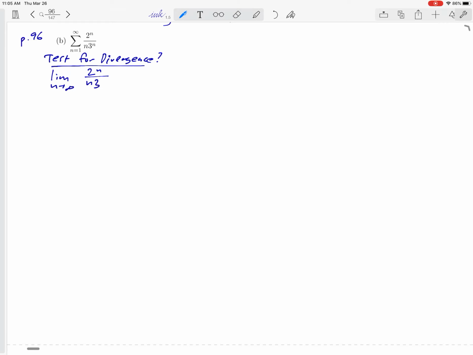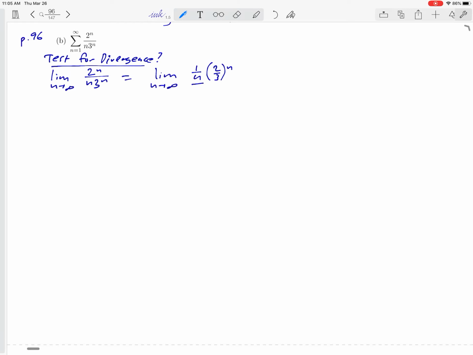If we take the limit as n goes to infinity of 2 to the n over n times 3 to the n, we could rewrite that if we wanted to like this. The 2 and the 3 are both raised to the n, so we could consolidate them into just one fraction raised to the nth power. That's just another algebraic way of writing this.